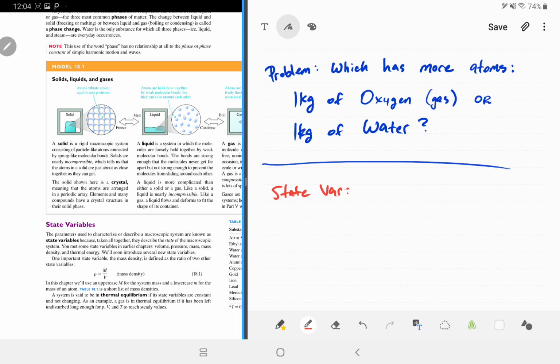And we're going to focus especially the next few chapters on three important state variables: pressure, and this book tends to use a lowercase p for that, volume, and temperature. So you probably had a sense of volume before coming into this class. We looked a little bit at pressure when we talked about fluids.